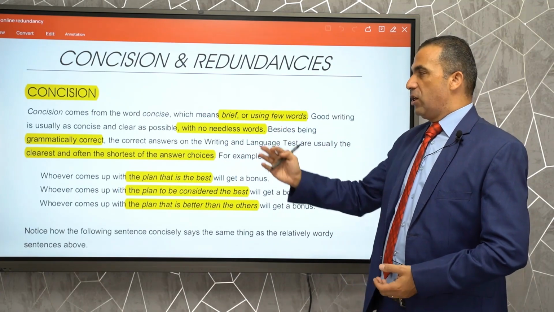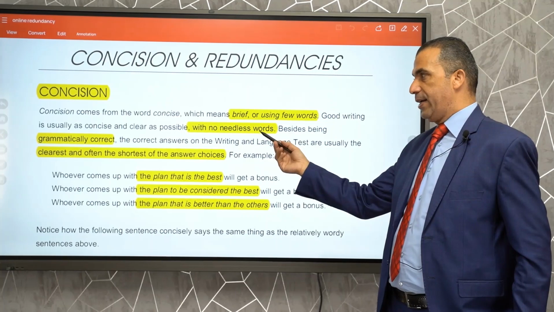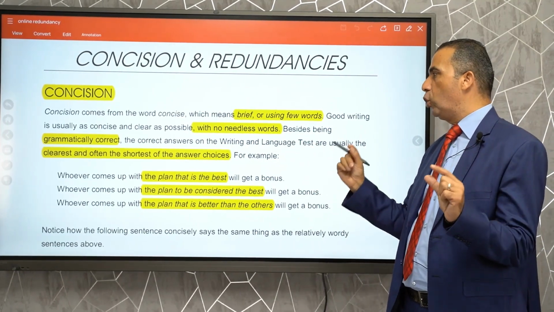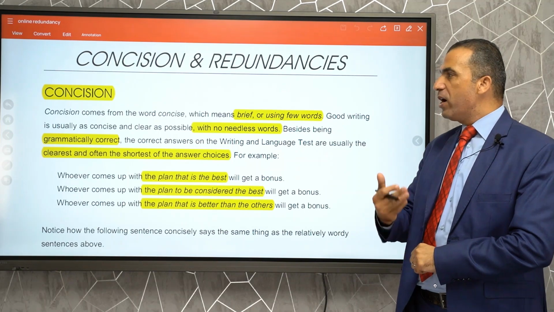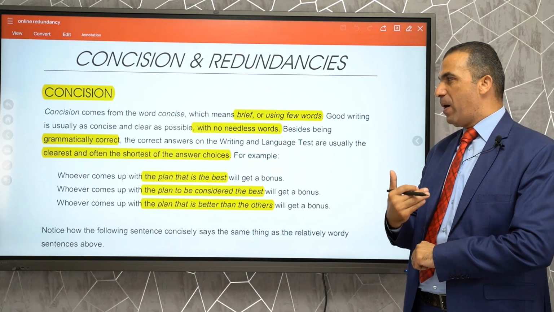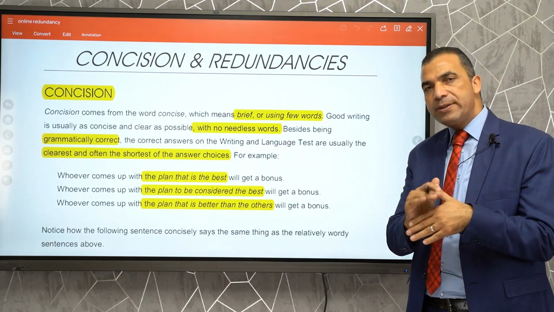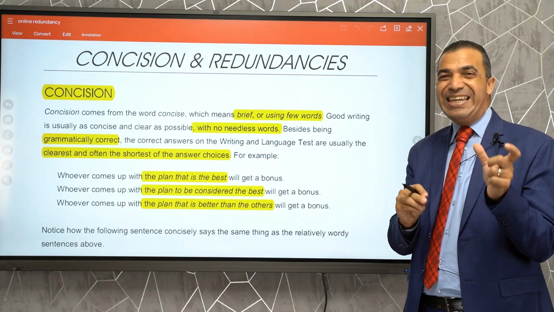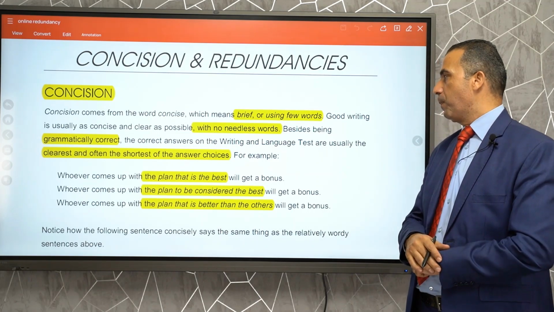Concision comes from the word concise, which means brief or using few words. Good writing is usually as concise and clear as possible with no needless words. Don't repeat yourself. Don't use needless words. You have to be very concise.